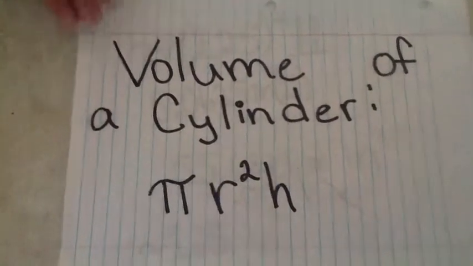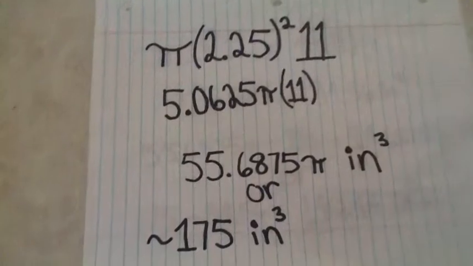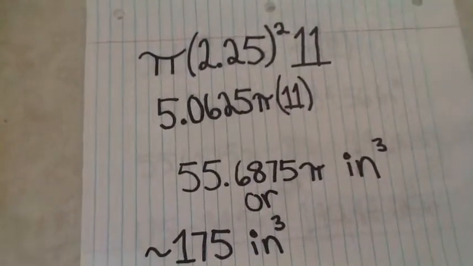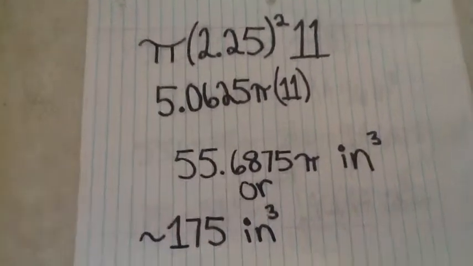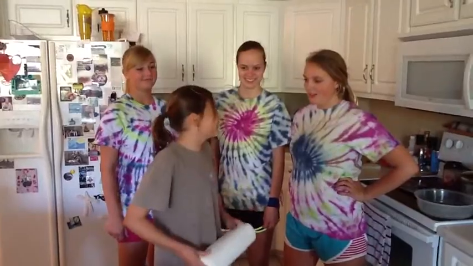The volume of a cylinder is pi r squared times height. The radius of this paper towel, what do you call them every time I forget? Thank you, Volumizers Cubed.